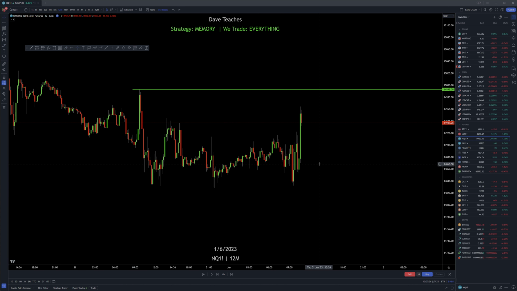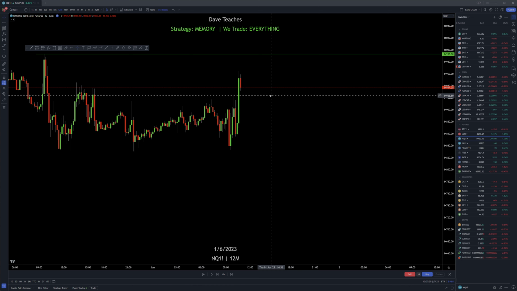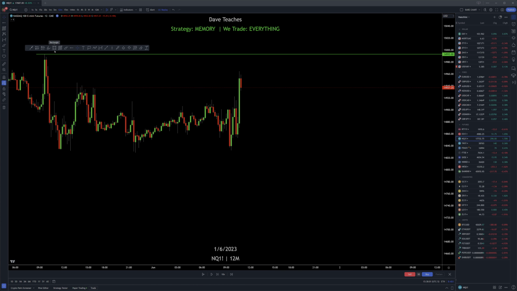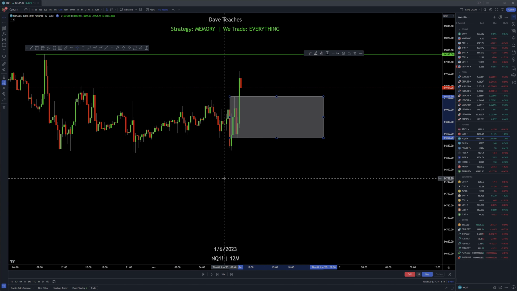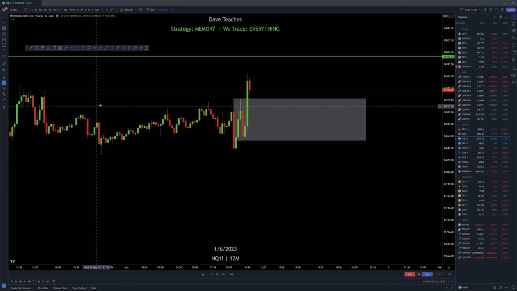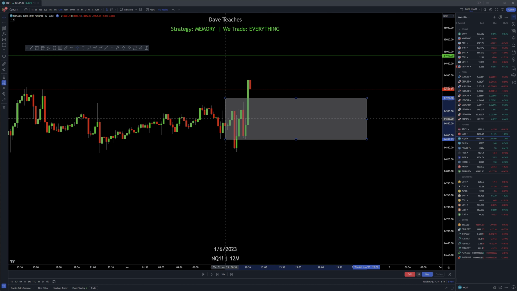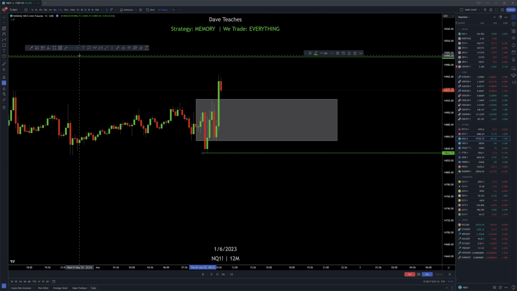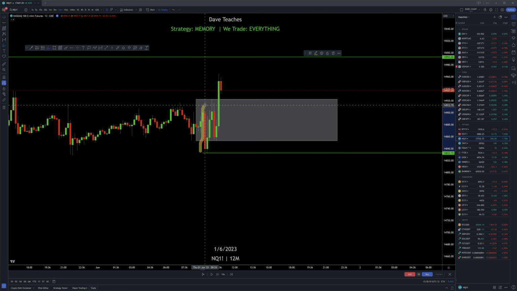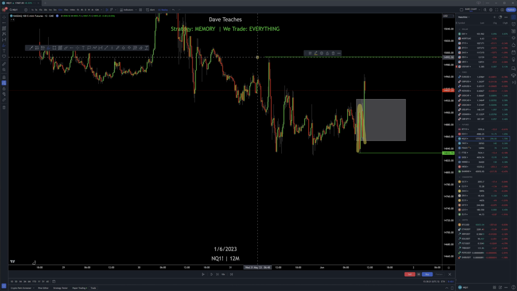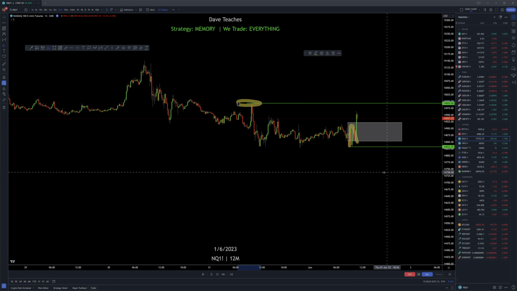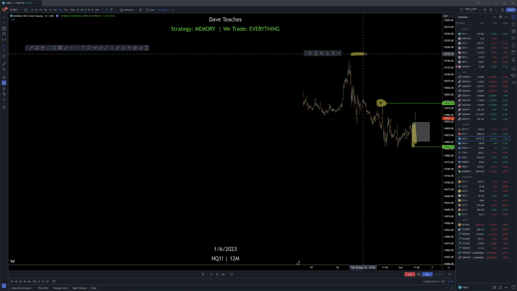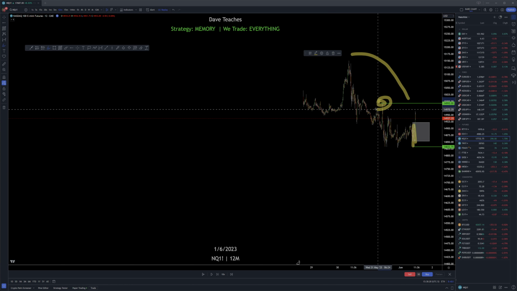But what we have here is our previous range that we came out of. This is actually a protected low here, on this little walk up, right? We know that the protected high from this trend going down is here.